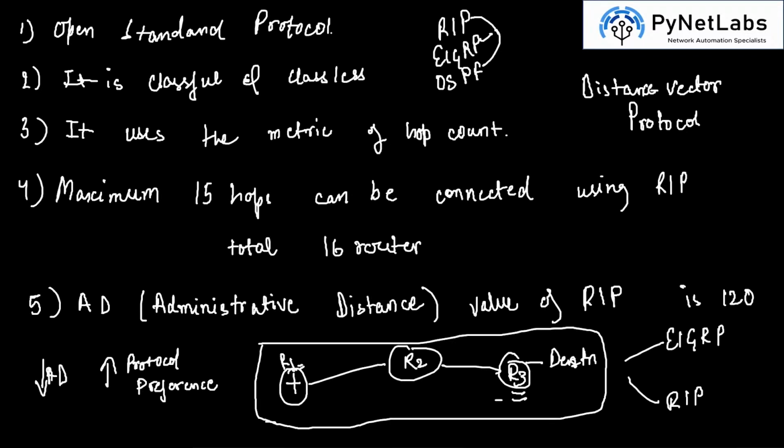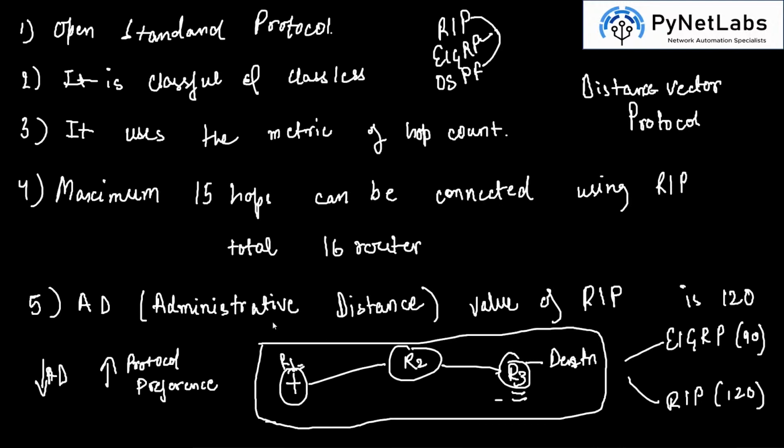The AD value of EIGRP is 90 and RIP is, as we just learned, 120. So tell me which protocol will be preferred by R1 to reach R3? EIGRP, right? Why? Because it has a lesser AD value as compared to RIP.